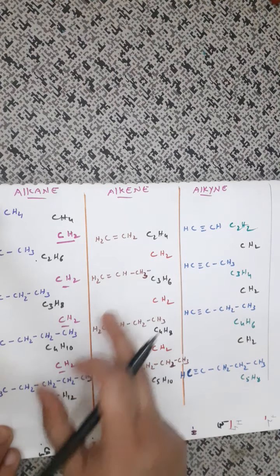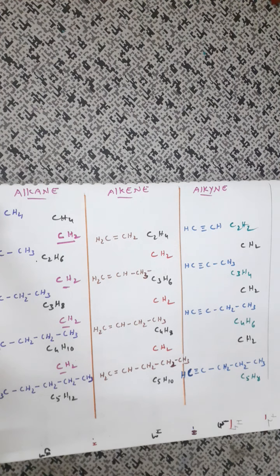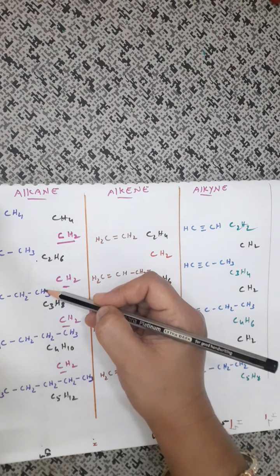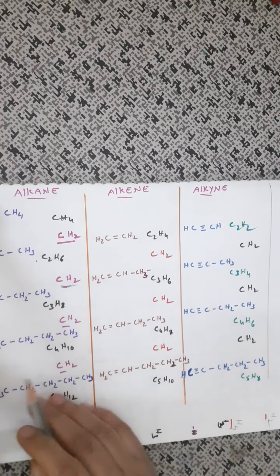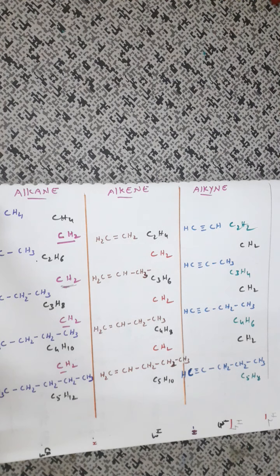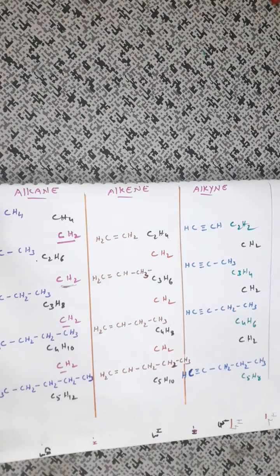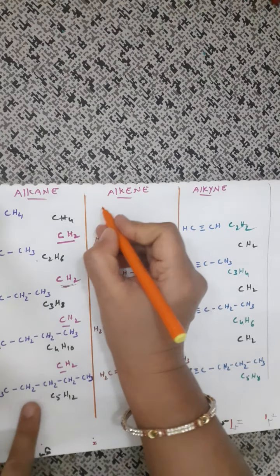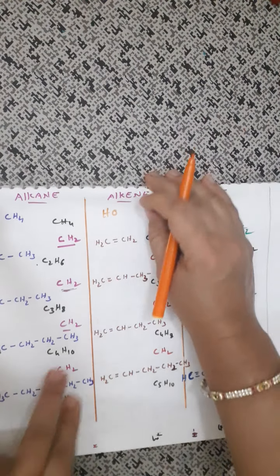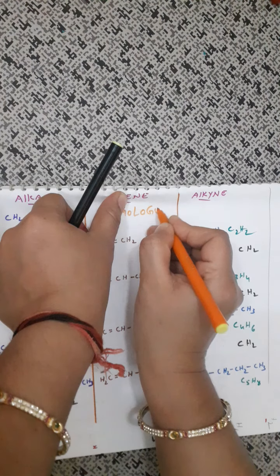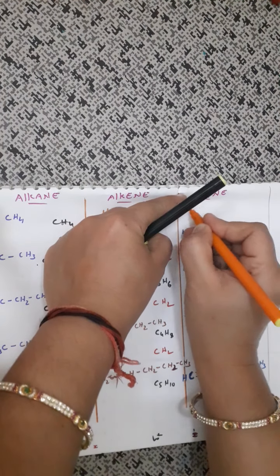This kind of group of hydrocarbons, in which two consecutive hydrocarbons differ by a value of CH2, is termed a homologous series. What do we call them? Homologous series. Homo means same.